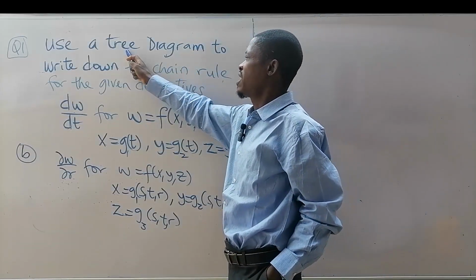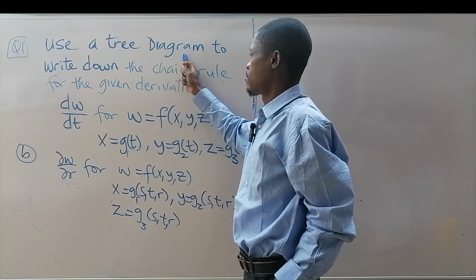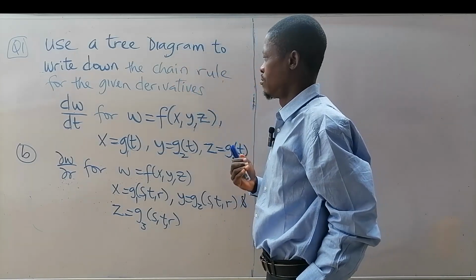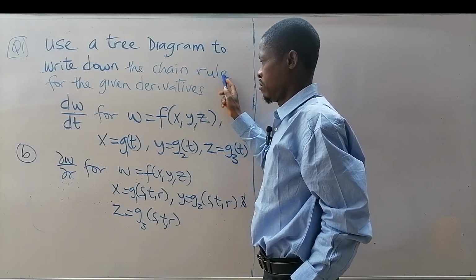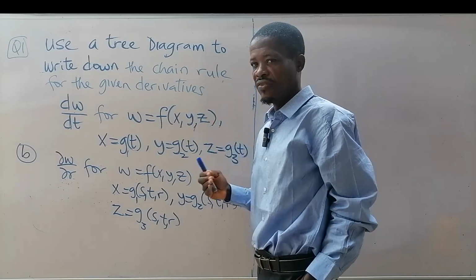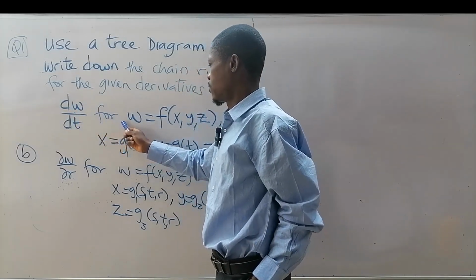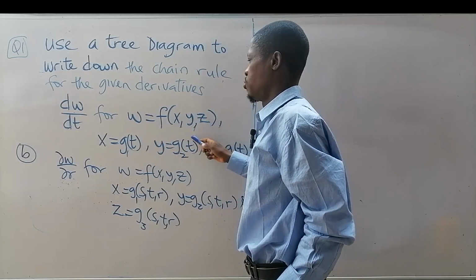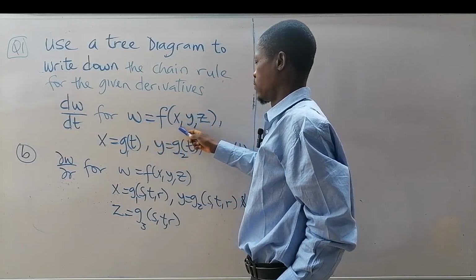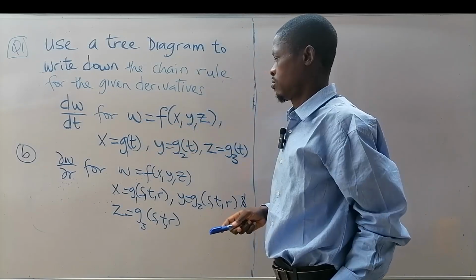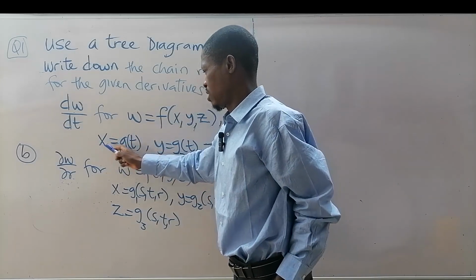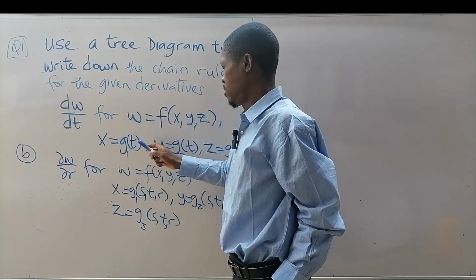Use a tree diagram to write down the chain rule for the given derivatives. We have w as a function of x, y, and z. We have x as a function of t.